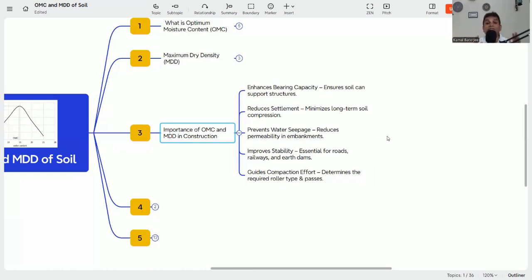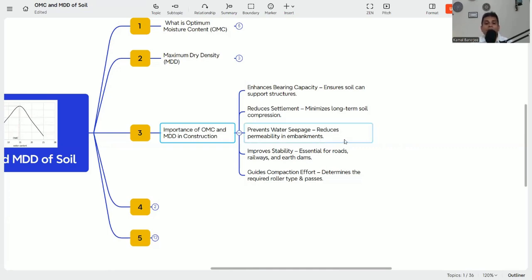And if settlement of the structure occurs, structural integrity will be a problem. That is why we need to compact the soil at OMC and achieve the maximum dry density. If we are unable to achieve that, when the load comes, the soil will again compress, and settlement will happen, which will eventually reduce the structural integrity of the building or any structure.